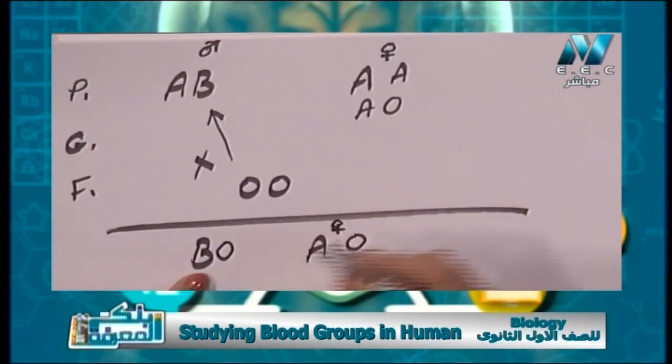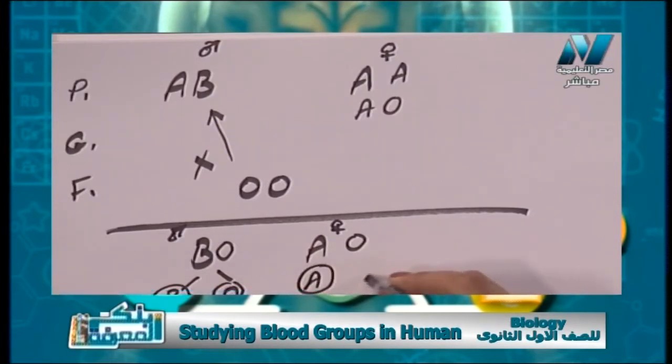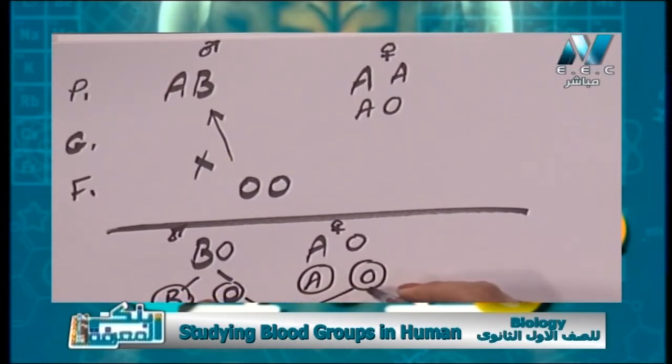So here is the mother, and here is the father. And of course, this father can have a gamete with O, and the mother also can have a gamete with O. So this child can get O from each parent.